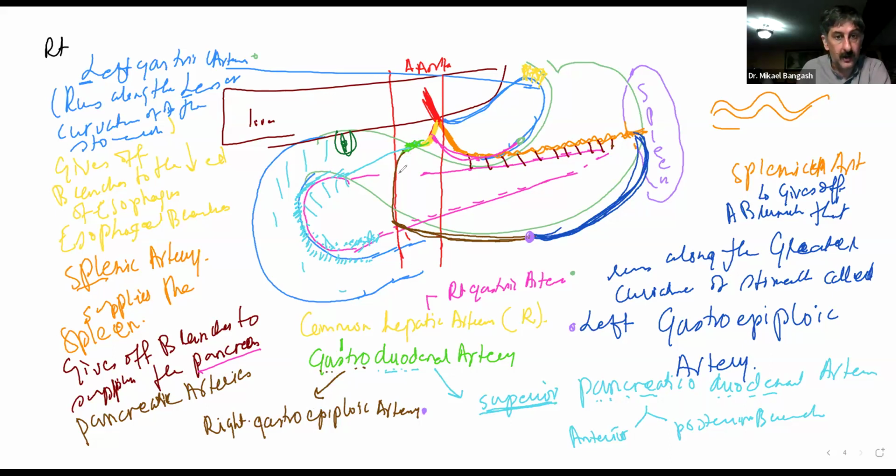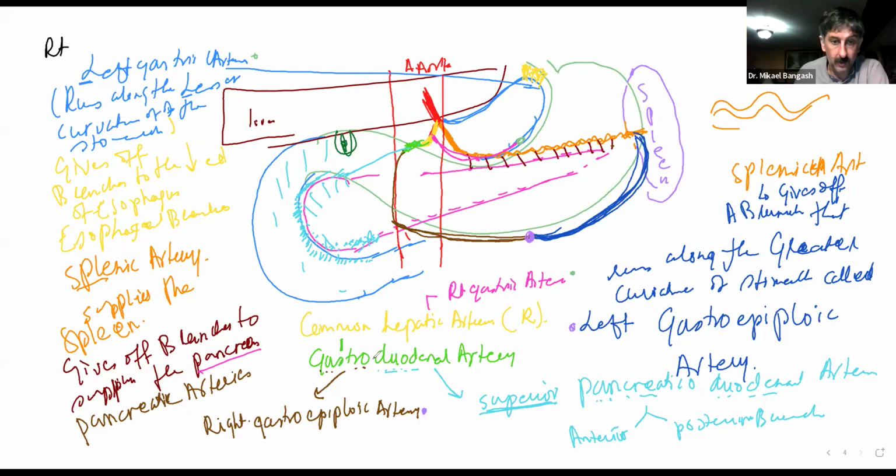Now, this right gastroepiploic artery is going to end up running along the greater curvature of the stomach and anastomose with its left counterpart, the left gastroepiploic artery. So that pretty much explains the gastro part in its name. Did that make sense? Yeah. Good. Thanks.